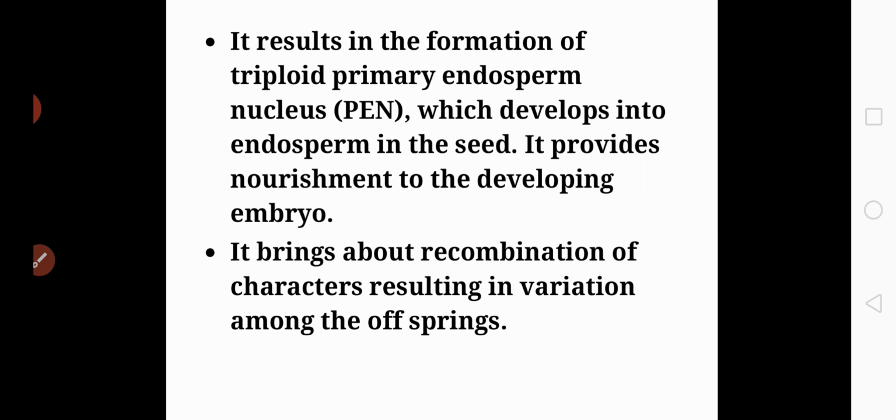The last significance is it brings about recombination of characters, resulting in variation among the offsprings. That means here the offsprings are formed by the fusion of male and female gametes. So it shows recombination of characters.